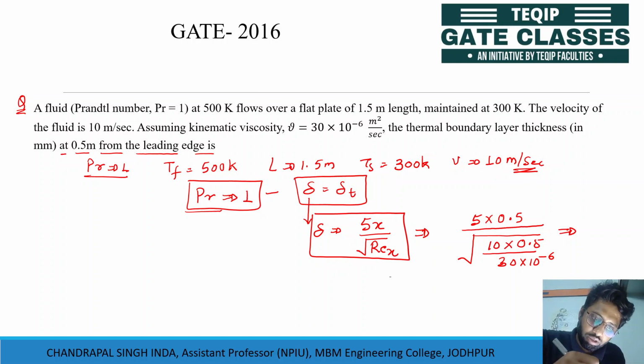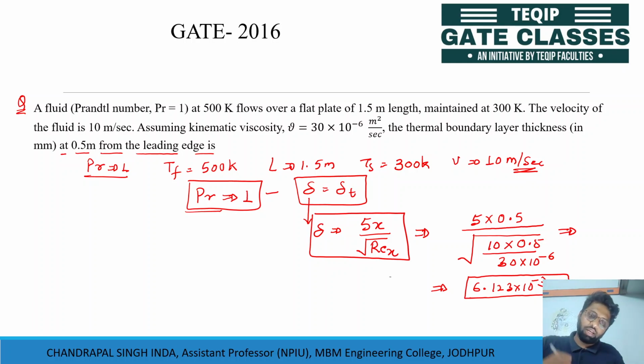By the calculation, as I have used the calculator, we will have the value equal to 6.123 into 10 to the power minus 3 meter, as we have put all the values in SI units, so we will have meter, and this will be equal to 6.12 mm.